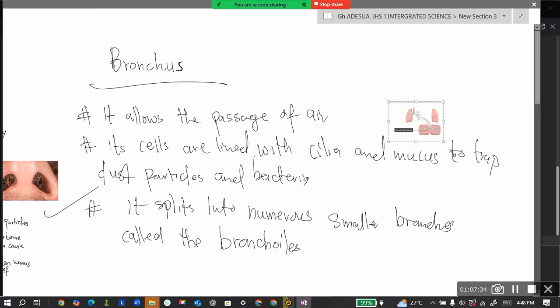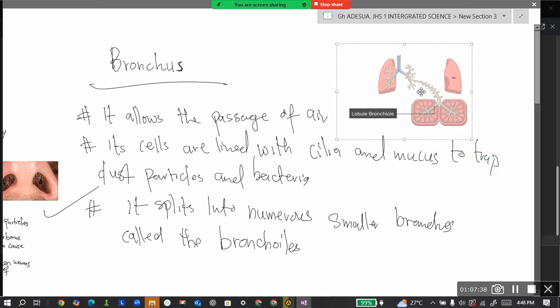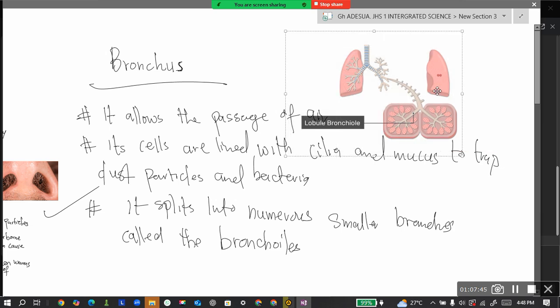So this is how the bronchus looks, and then the bronchioles as well. So this diagram we can use to illustrate the bronchus and the bronchioles. Watch what I'm circling. This thing is the bronchus, and these tree-like things are the bronchioles.